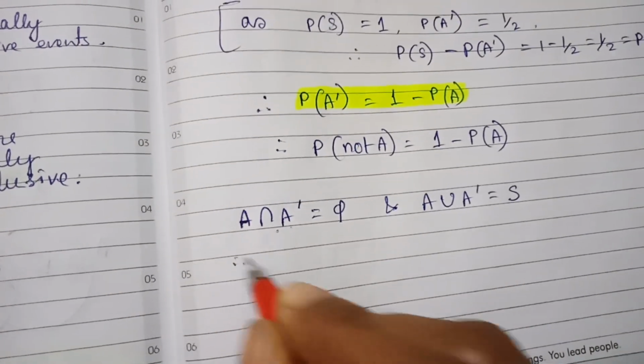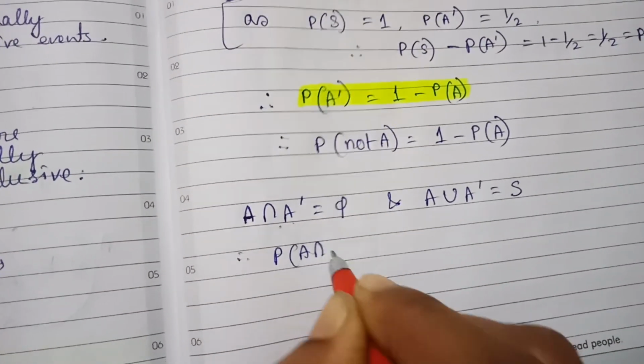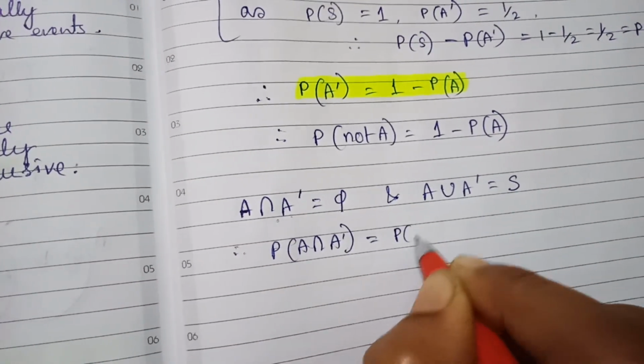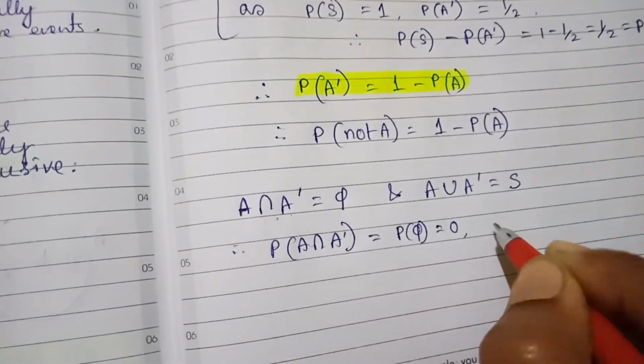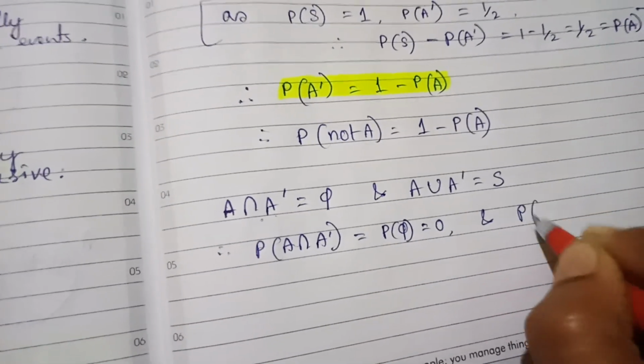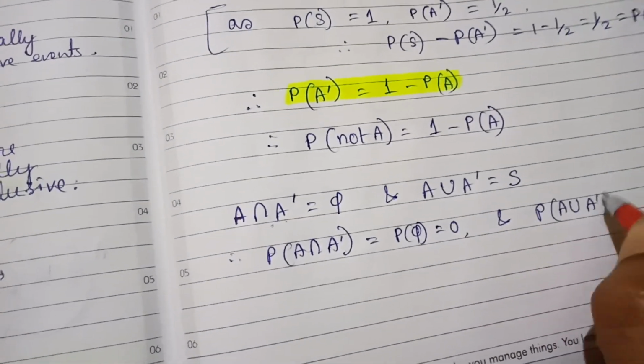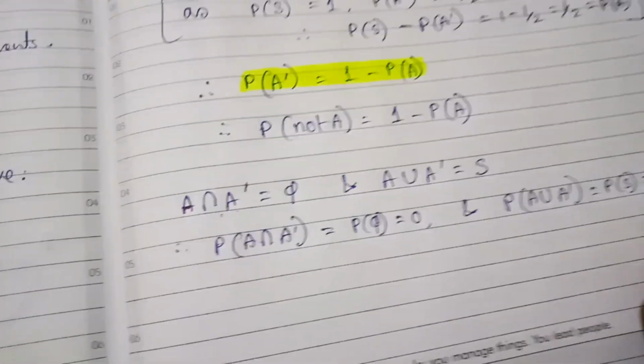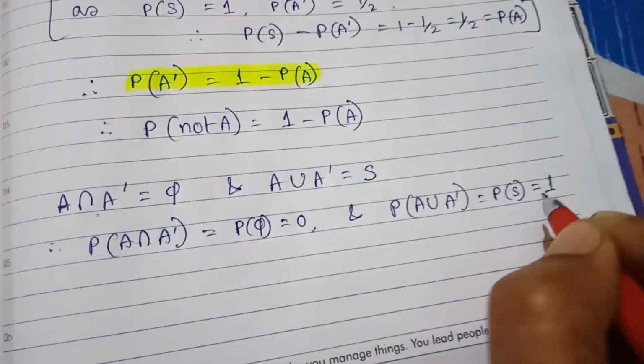So we can write that P of A intersection A dash equals to P of phi equals to 0, and P of A union A dash equals to P of S equals to 1.